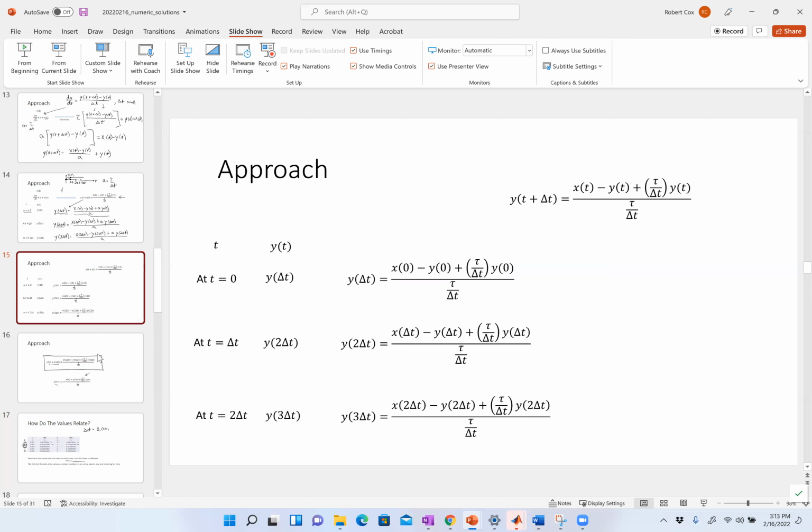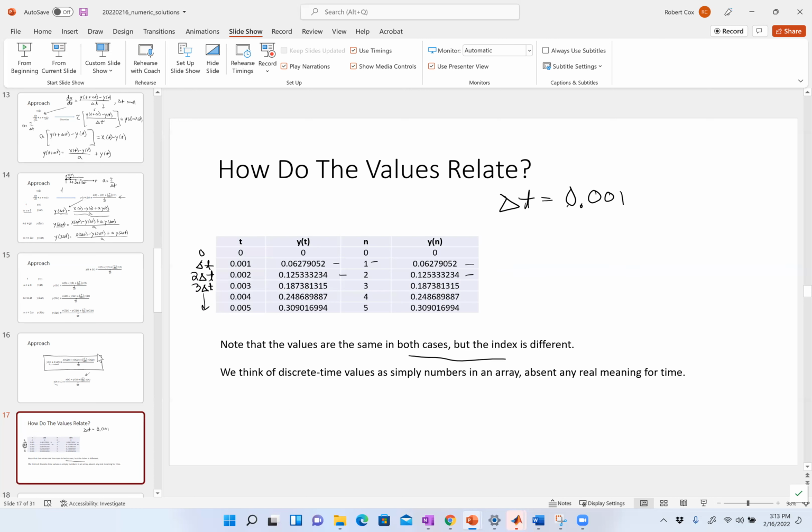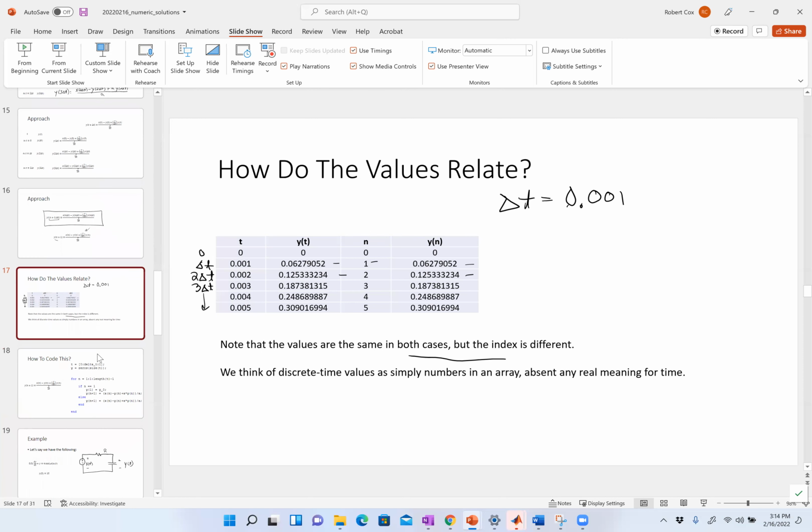Look at it this way: I use the values at 0 to tell me the values at 0.001, and the values at 0.001 to know them at 0.002, and the values at 0.002 to figure out the value at 0.003. What am I doing? In the context of computing, what do I call that?